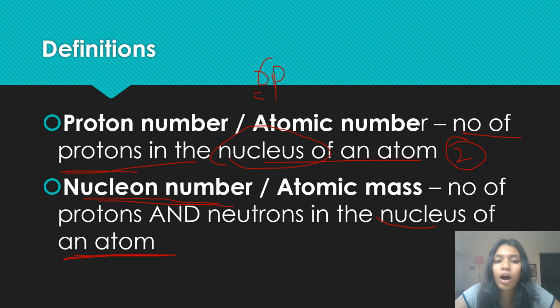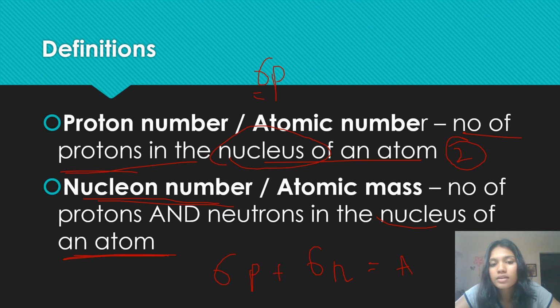So in carbon, in the nucleus, we had 6 protons and 6 neutrons. So 6p plus 6n is equal to the atomic mass. Now what we need to do is find out the mass.